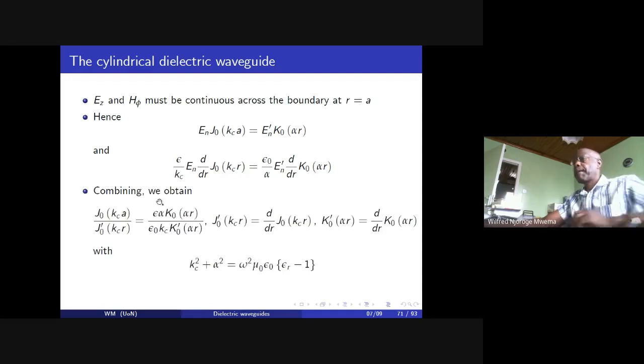And therefore, when we combine these two, we get a value of that nature and another value for J naught by J naught prime, that is the derivative, and K naught prime is the derivative of K naught of alpha r with respect to r. And Kc squared plus alpha squared is equal to that value, which is from the dispersion relation.